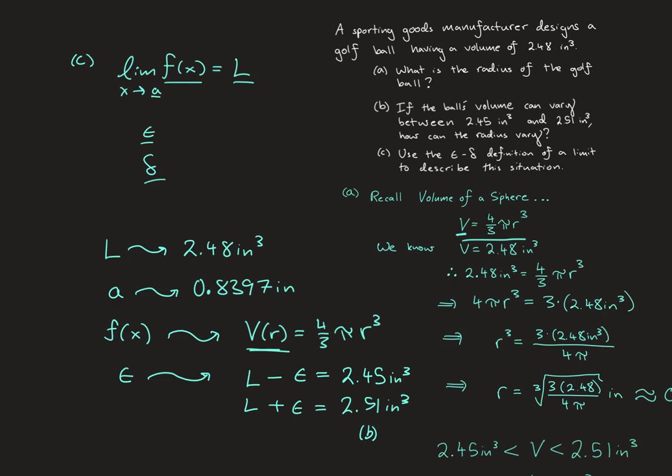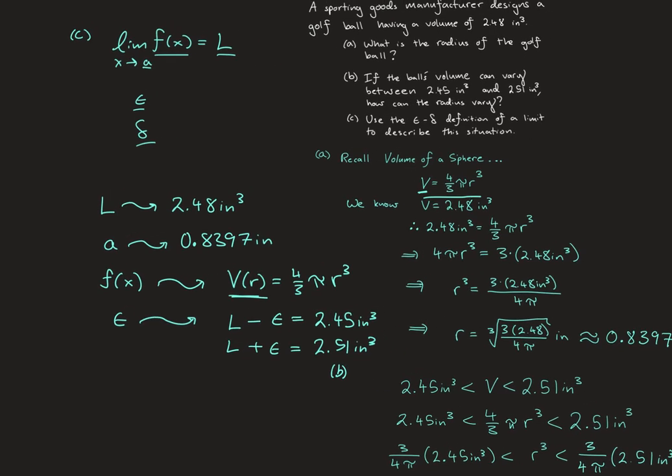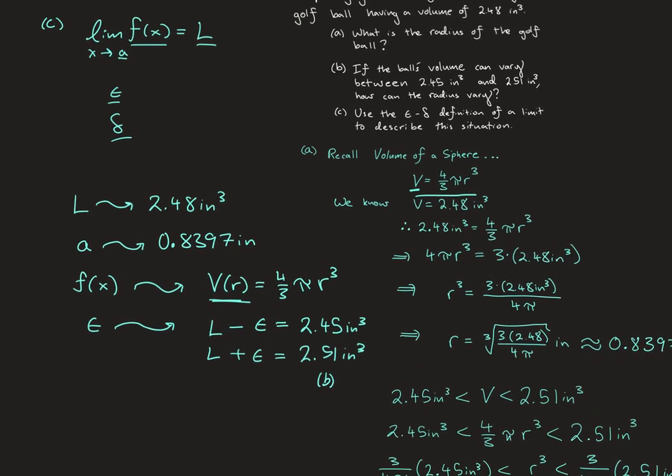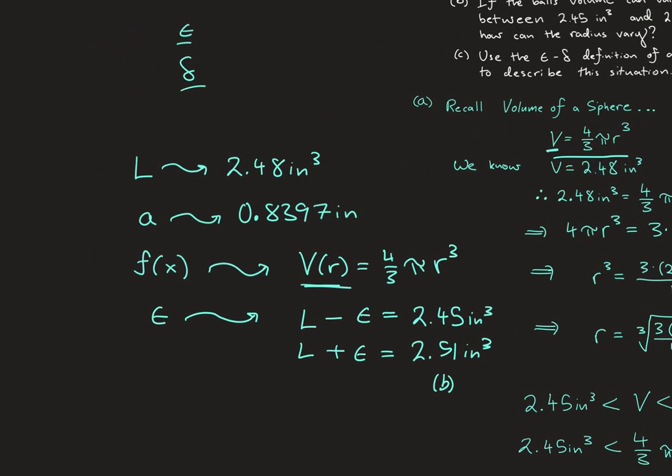And through that we are allowed to conclude that, therefore, solving for epsilon here, we know what the L is. L's right here, so you can plug this in. Solve for epsilon. What you get is epsilon is equal to 0.03 cubic inches. So that's how much we are allowed to vary.